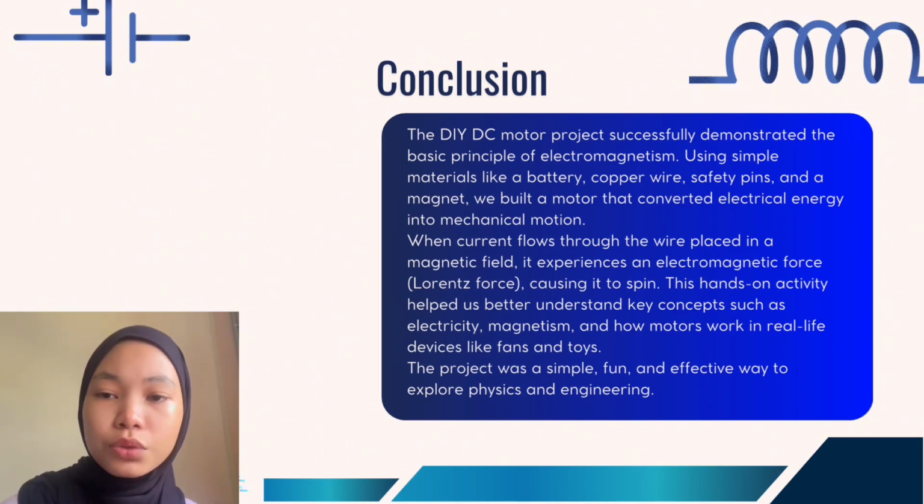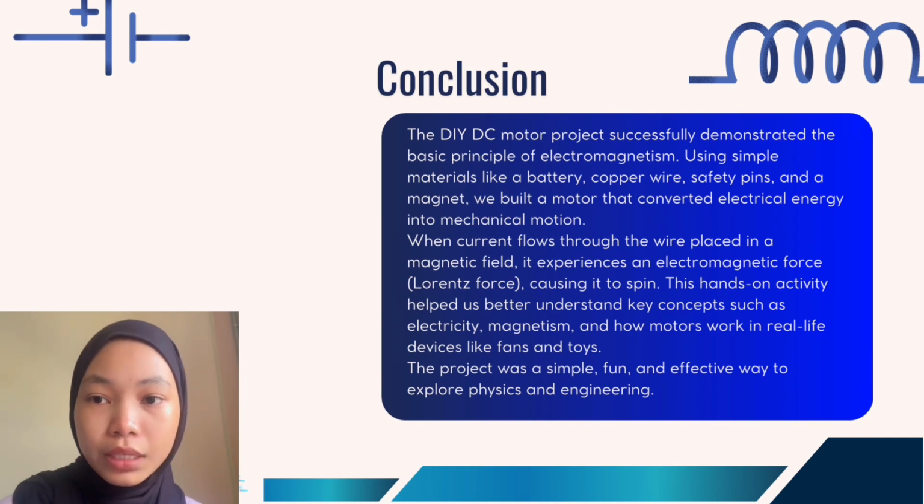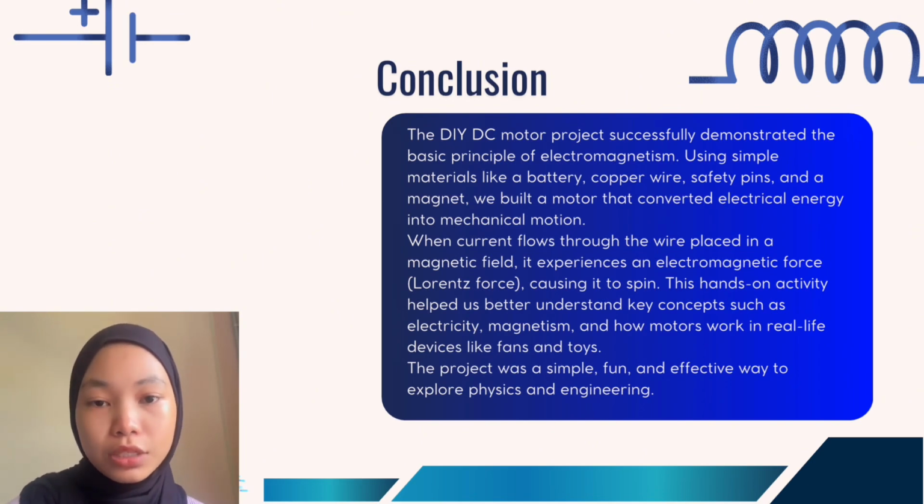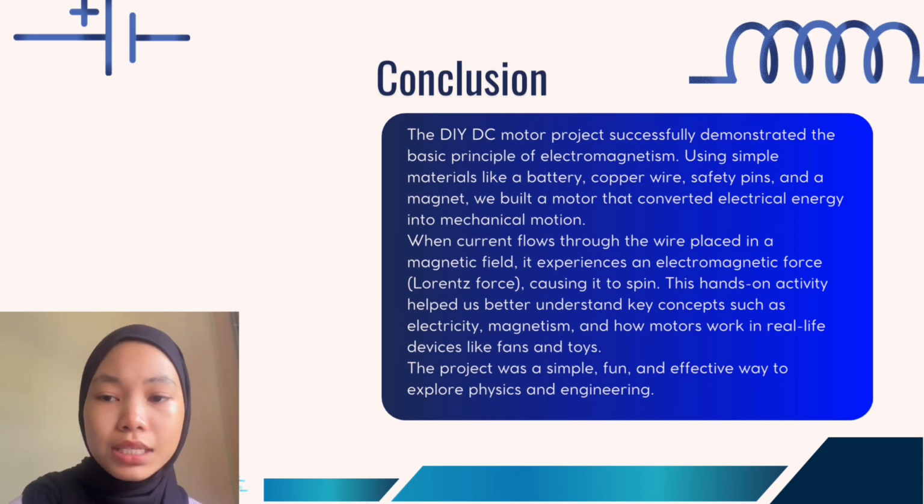When current flows through a wire placed in a magnetic field, it experiences an electromagnetic force, which is the Lorentz force, causing it to spin. This hands-on activity helps us better understand key concepts such as electricity, magnetism, and how motors work in real-life devices like fans and toys. This project was a simple, fun, and effective way to explore physics and engineering.